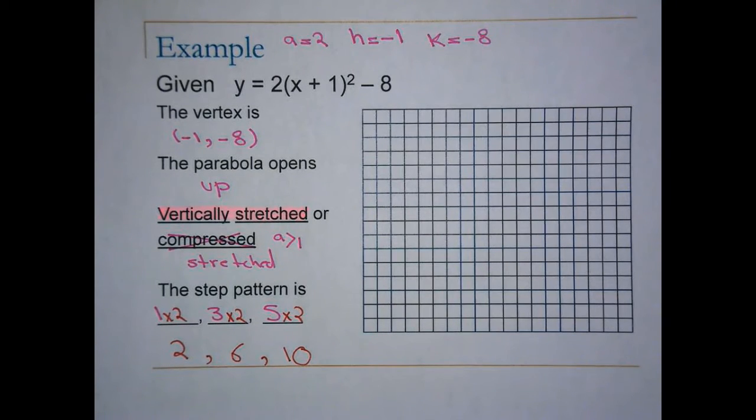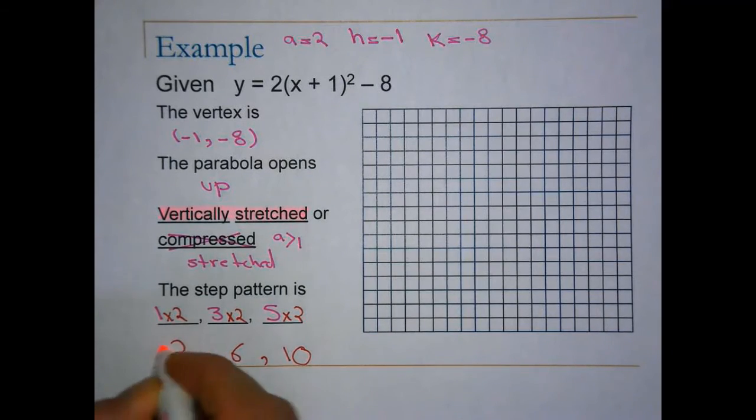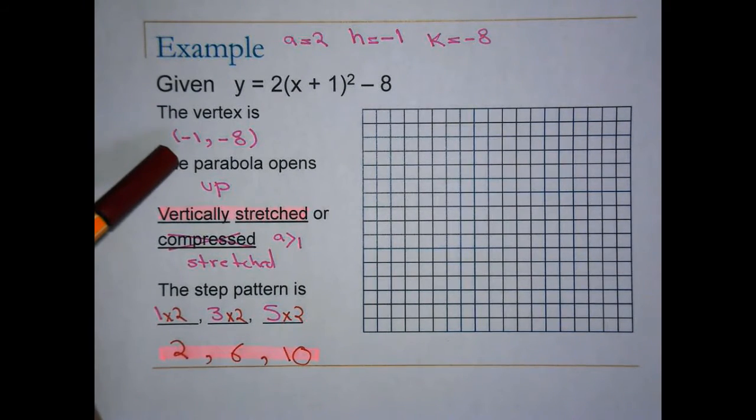I am going to highlight our step pattern. Now you have to be a little bit careful about where you want to put your axes. So your vertex is at -1 and -8.